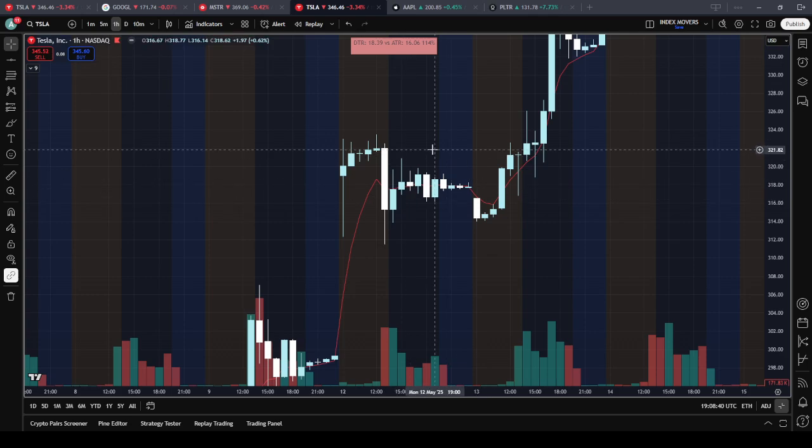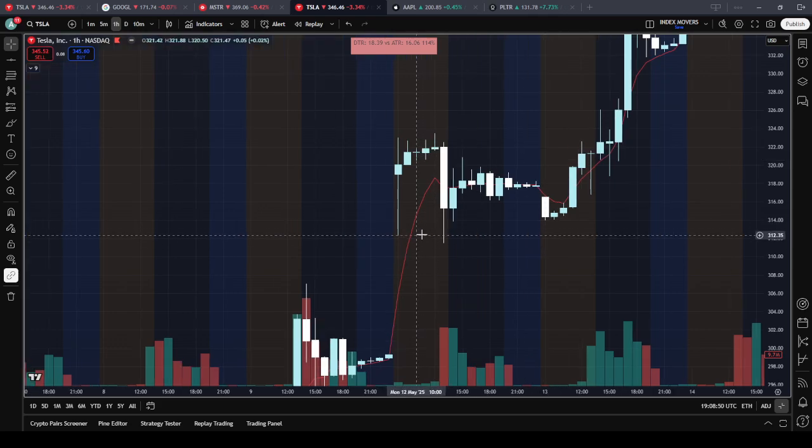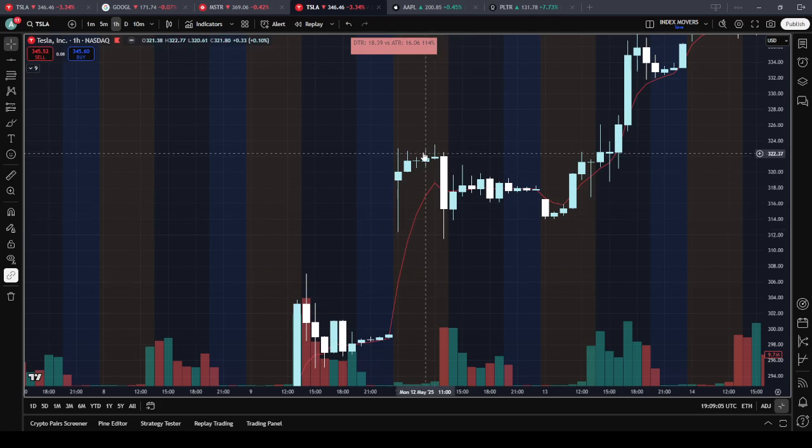This is probably the best example that I could find of when to not take a bounce or a reject, is when you're kind of ranging and there's really no relative strength or relative weakness. Yeah, we did put in a new pre-market low from this original one, but it wasn't much, right? So on low volume days and low weakness or strength days, I would say you don't want to take a bounce, right?